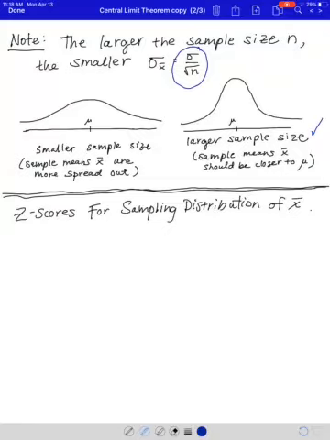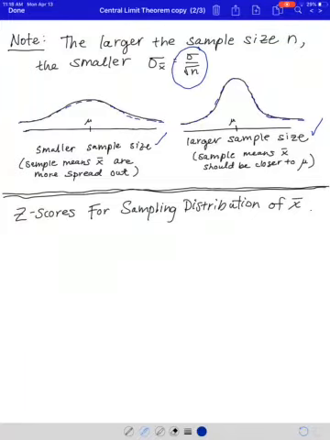And so when the sample size is large, a smaller standard deviation means that our mean values, x bar values, are going to be closer to the population mean. And if our sample size is smaller, like over here, then our standard deviation is actually larger, and then our sample means, x bar, are going to be more spread out.